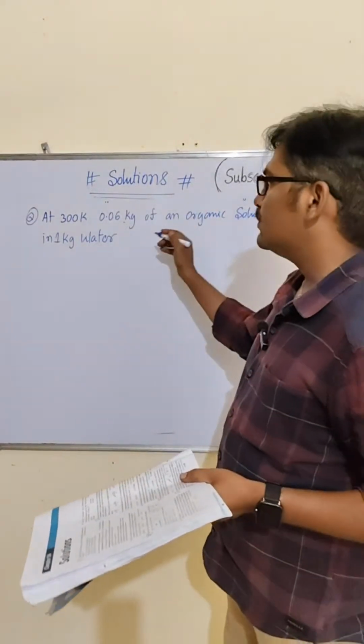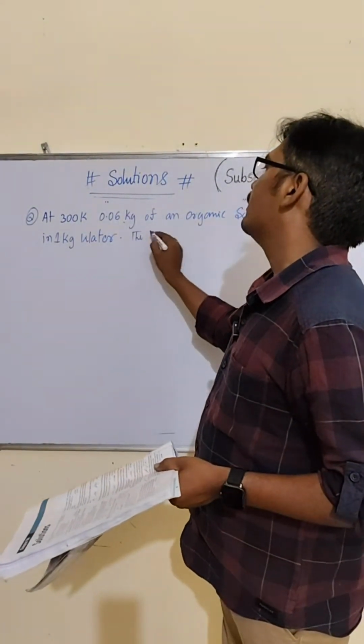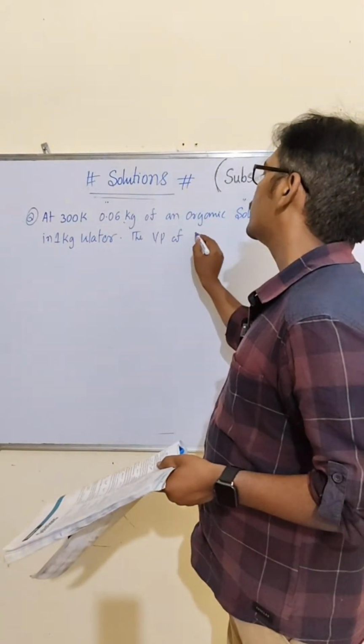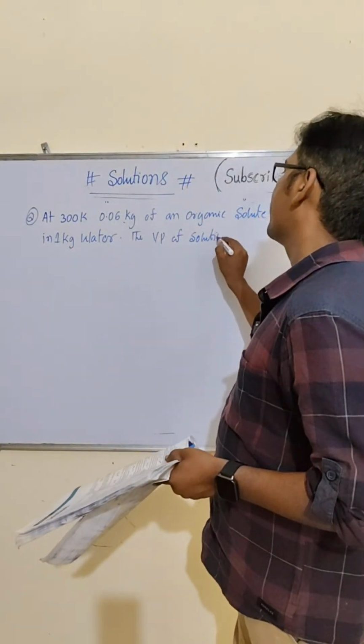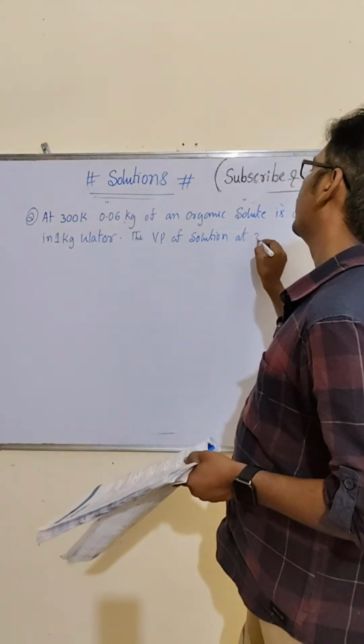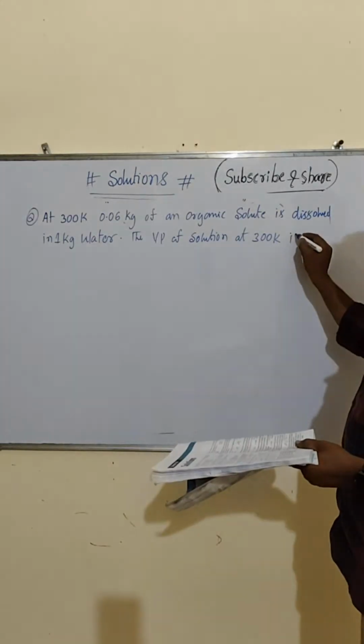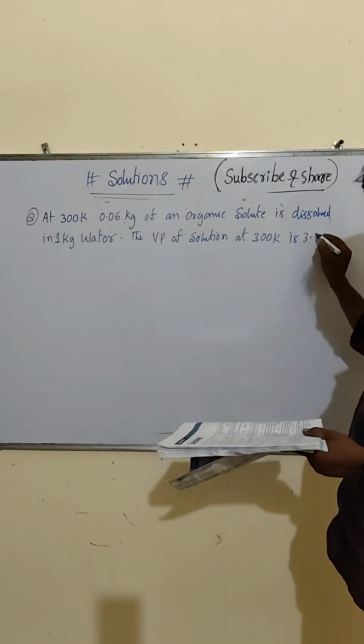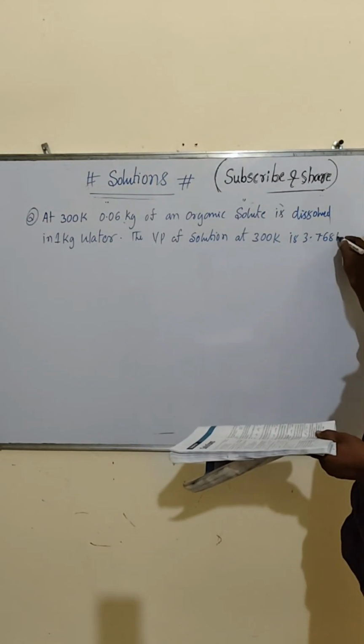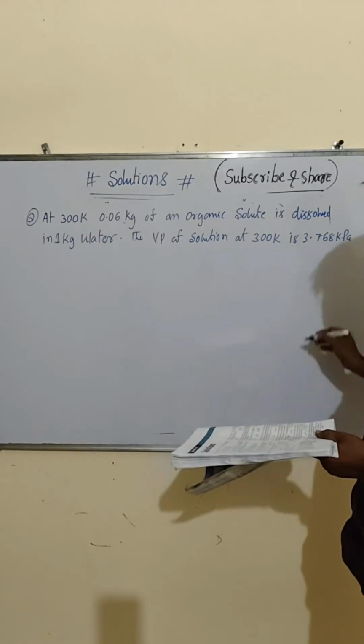The vapor pressure of the solution at 300 kelvins temperature is 3.768 kilopascals.